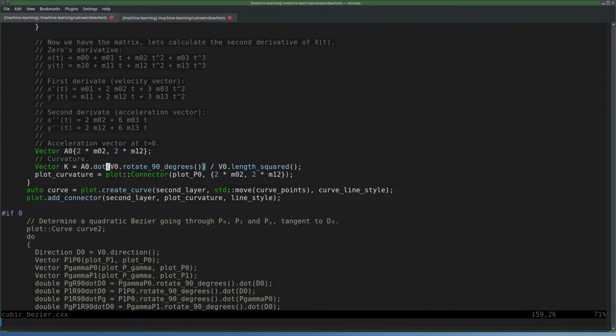Oh, that's the reason. Because I'm going to multiply it with that same vector. Now clearly you have to divide twice by the length.